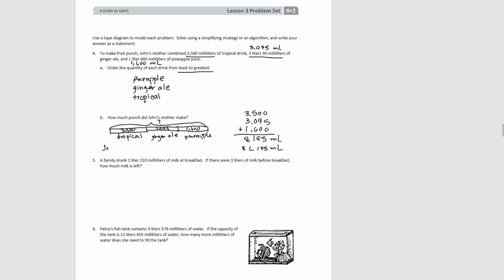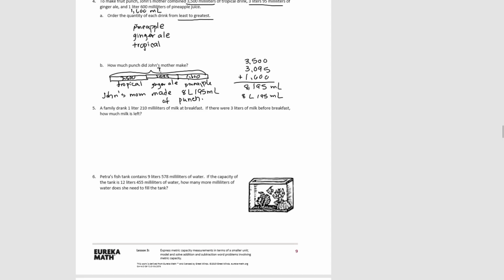So John's mom made 8 liters, 195 milliliters of punch. Okay, pause the video and try number 5.